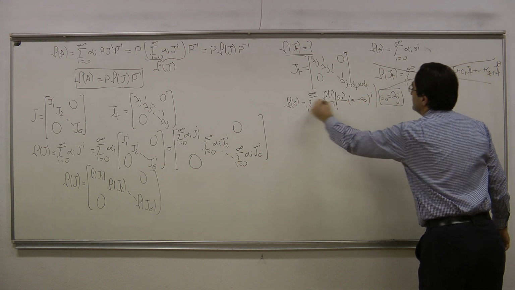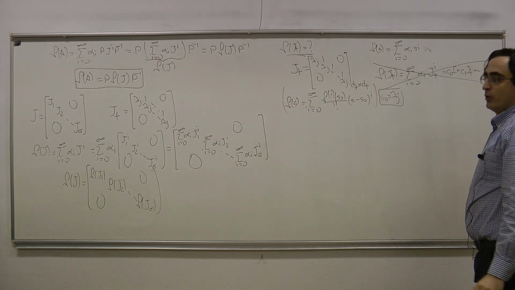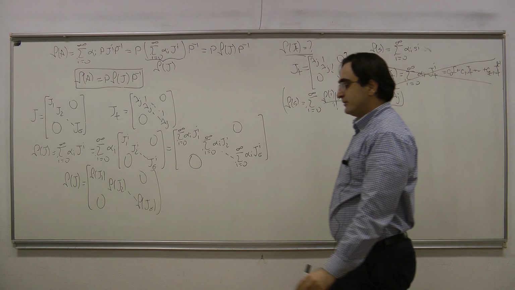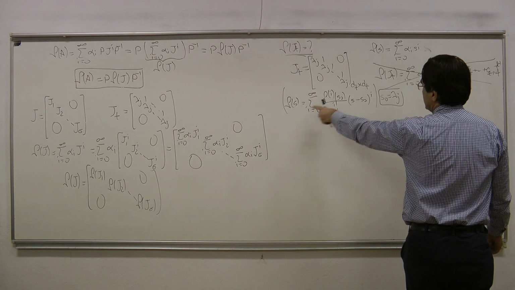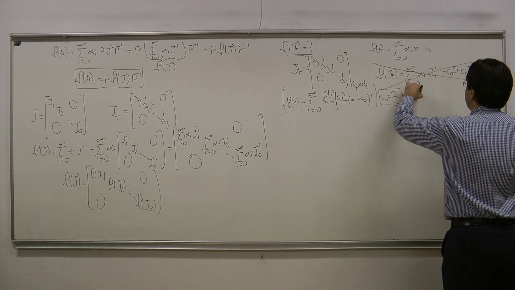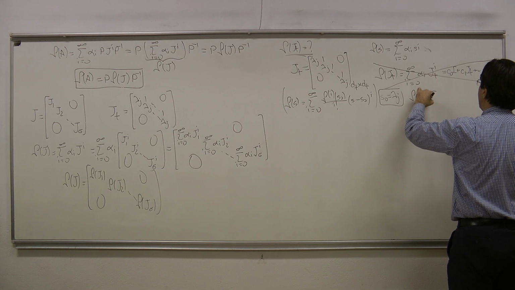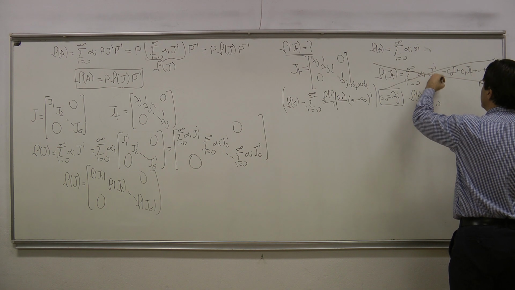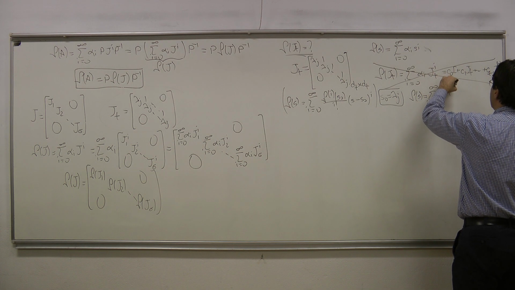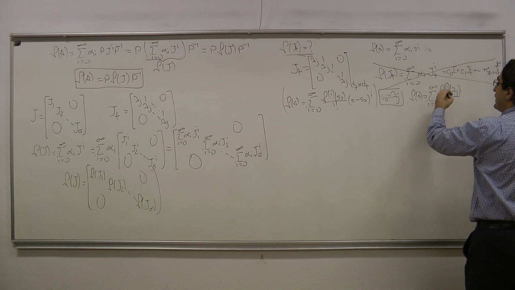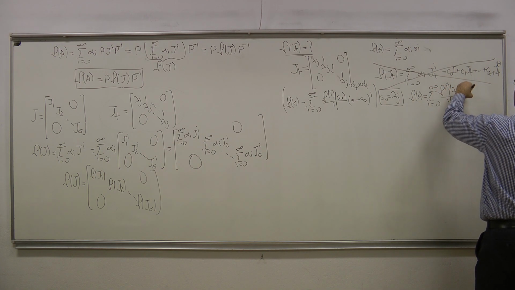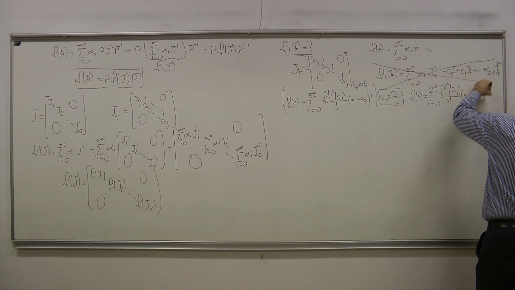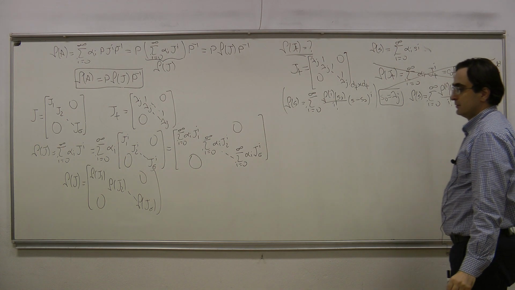In that case, we will see that things are going to be really very simplified. So let me substitute S0 equals lambda j: f of s is equal to the sum over i from 0 to infinity of the ith derivative of f at lambda j, divided by i factorial, times s minus lambda j to the power i.